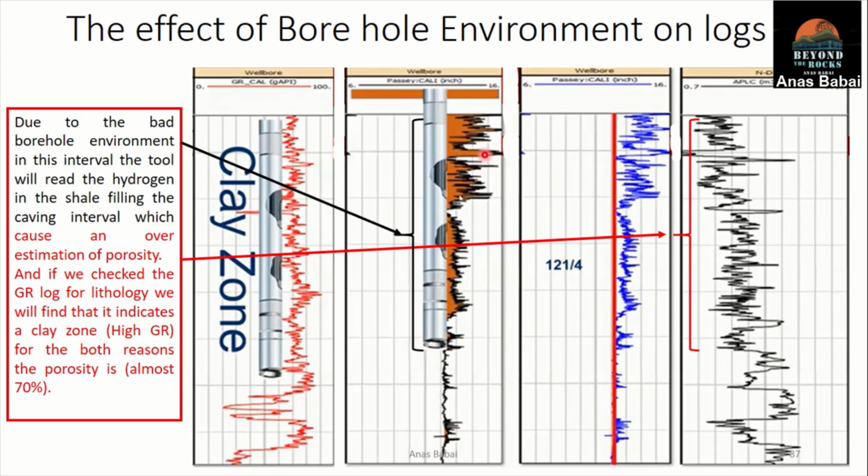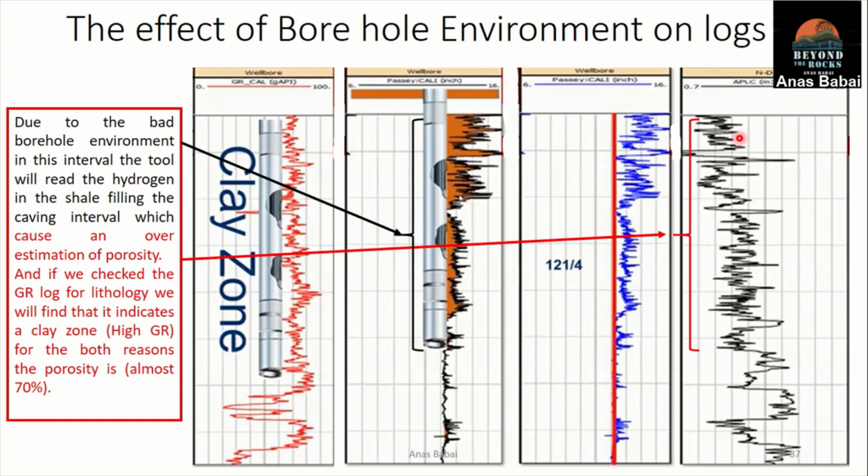If we take a look at this zone, for example, the caving has changed the diameter from this up to more than 16 inches, and if we check the porosity in this, it's more than 70% porosity, and this is mainly because the tool is reading the hydrogen amount in this zone. So the value of porosity in this log is not correct. It's due to the bad borehole environment in this section.